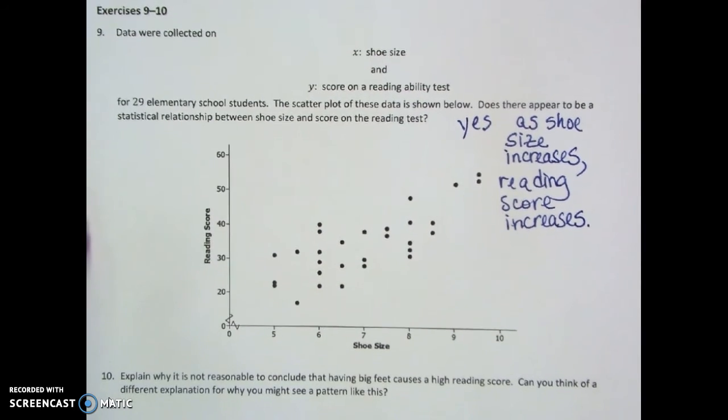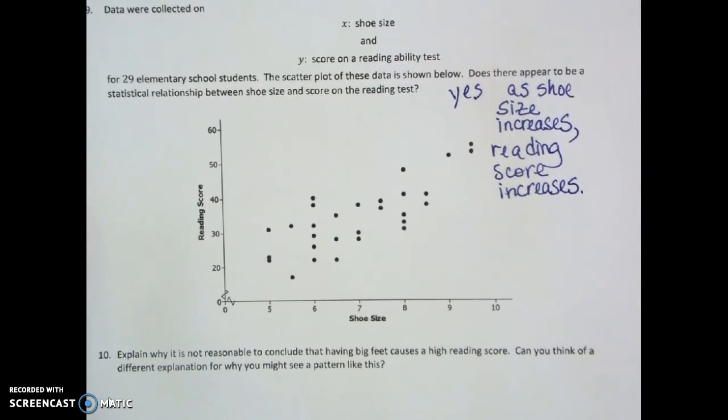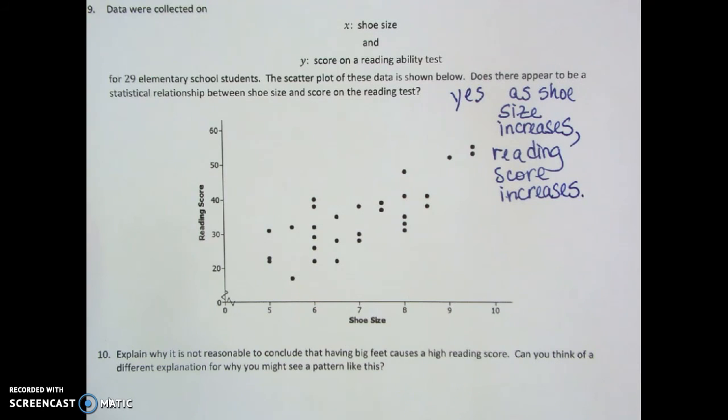Now, the second part to this says, explain why it is not reasonable to conclude that having big feet causes you to have a high reading score. Well, the large feet aren't what cause you to have a high reading score. Probably practice, and as you grow, a fifth grader can read better than a first grader.